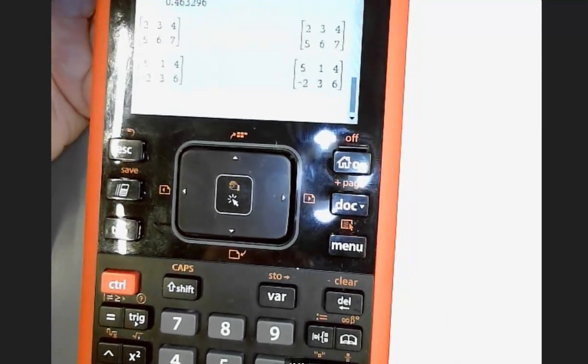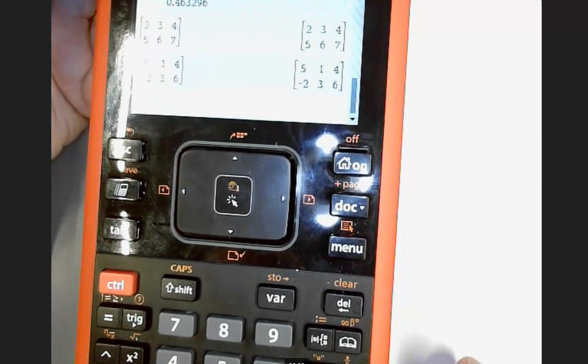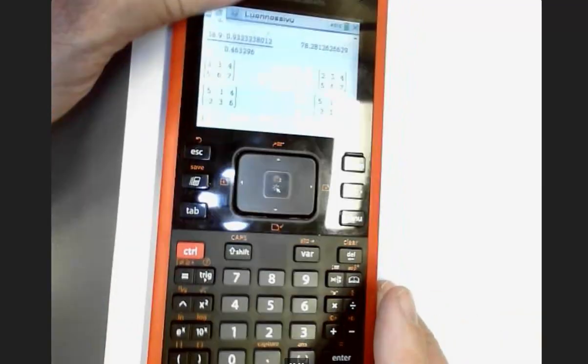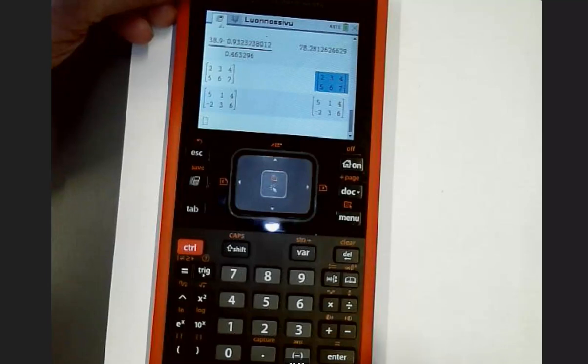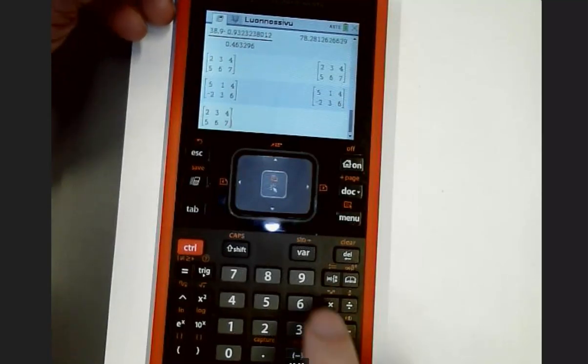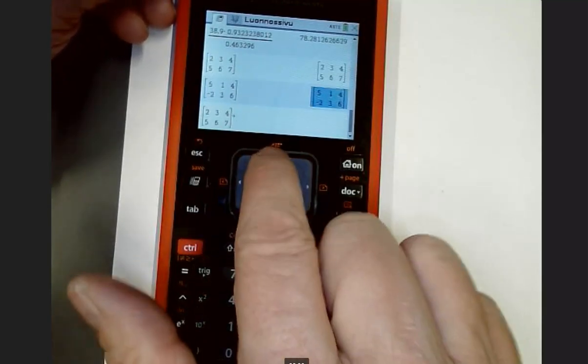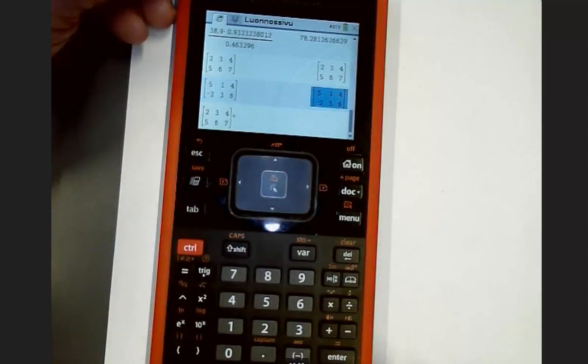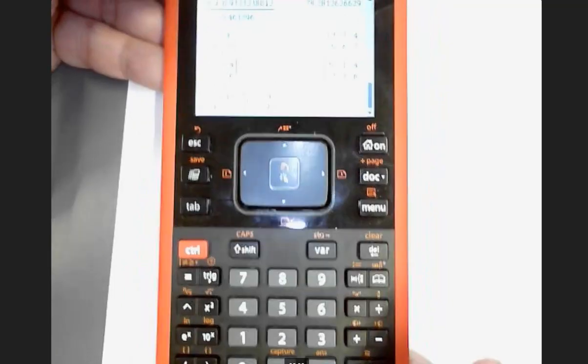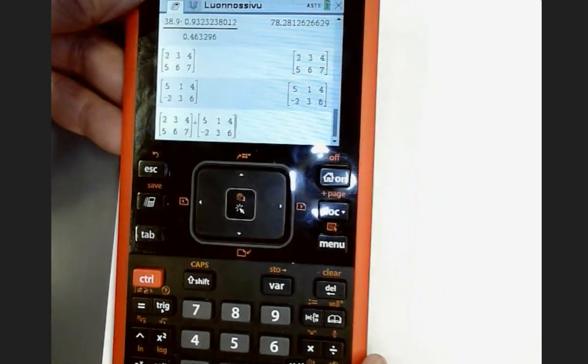And again when I press enter, it gives me the matrix there. And then when I want to add those matrices, I just pick the first one here, and then plus, and then pick the second one. I hate this document camera.